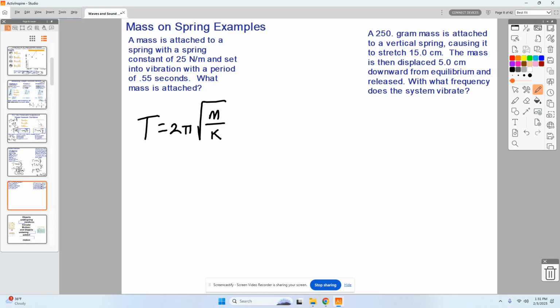Square both sides. Isolate the variable that I'm looking for. I'm looking for the mass.